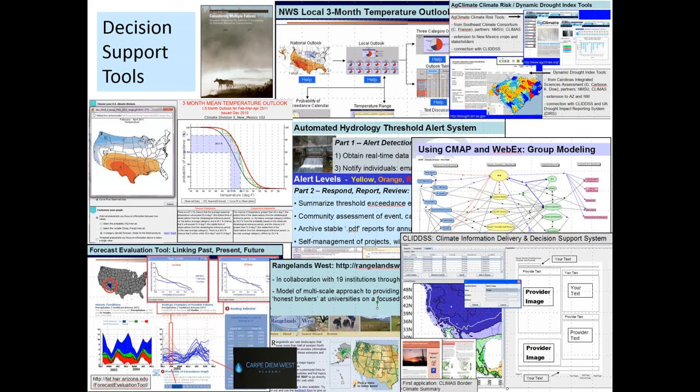Why am I talking about this? Over the last 30 years or so, I've been involved with a number of decision support projects in designing tools, whether they're reports and guidebooks, like this one on scenario planning, or online tools for large group efforts, evaluating hundreds of tools through the Carpe Diem West Academy, helping groups extend their tools to new regions and new functionalities like the Ag Climate Risk Tool or the Dynamic Drought Index tool that were developed by RESA projects.